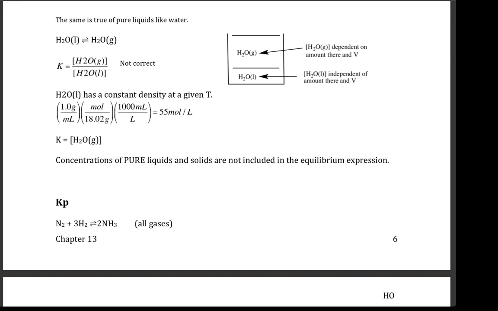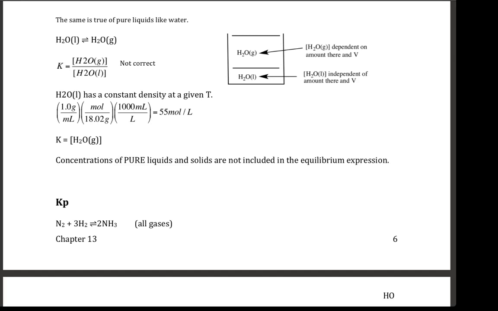It's a set amount that we could determine from its density. The density of water is about 1 gram per mL. We divide by the molar mass of water, multiply by the 1,000 mLs per liter. We get that the molarity at room temperature is about 55 moles per liter for water. That's constant, only dependent on temperature.